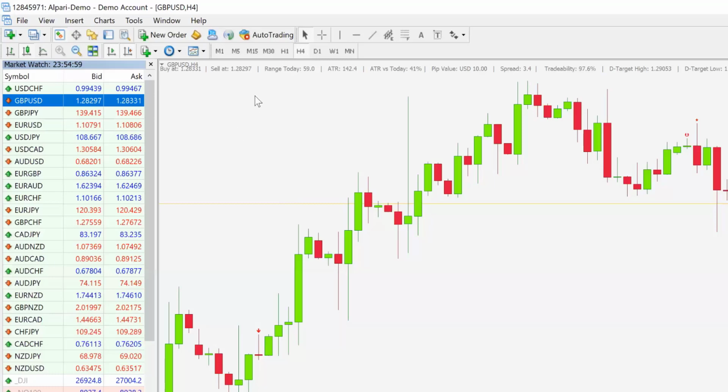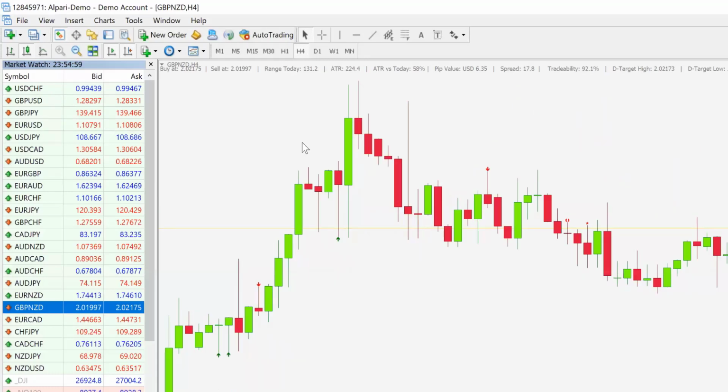Yeah. So I also look at those sort of things. If you look at something like GBP NZD, the ATR is 224 pips. So the spread as a fraction of the entire ATR is still very okay, if you get what I mean. 20 over 224 is just below 10%.